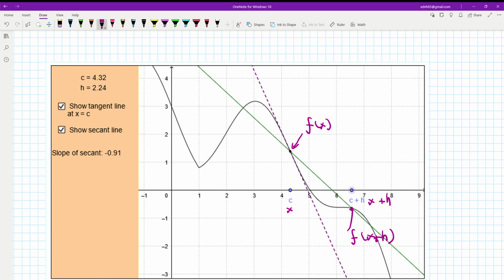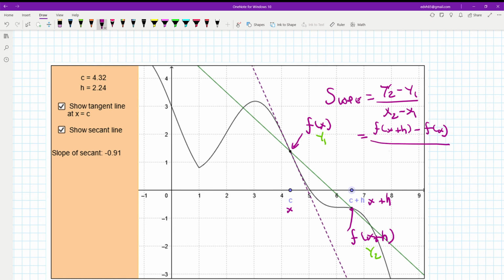So if we find the slope, y2 minus y1 over x2 minus x1, this will be f of x plus h minus f of x, that's the y2 and this is the y1, over x2, which is x plus h, minus x1, which is x.